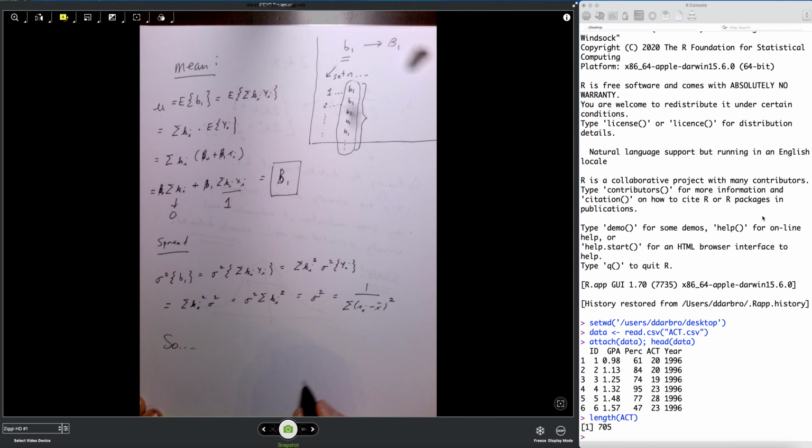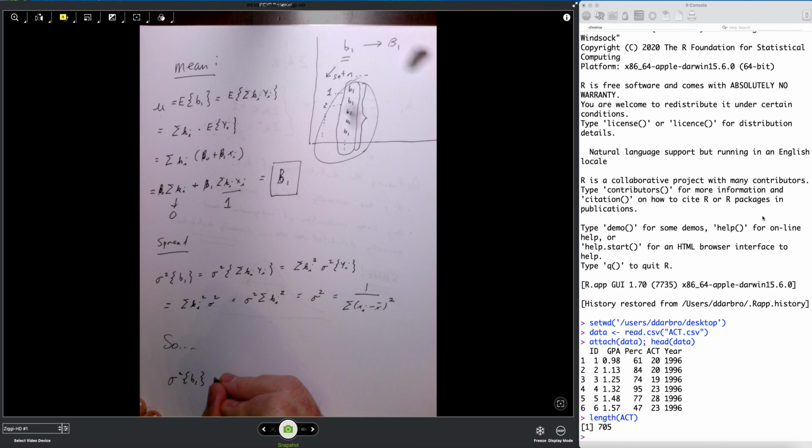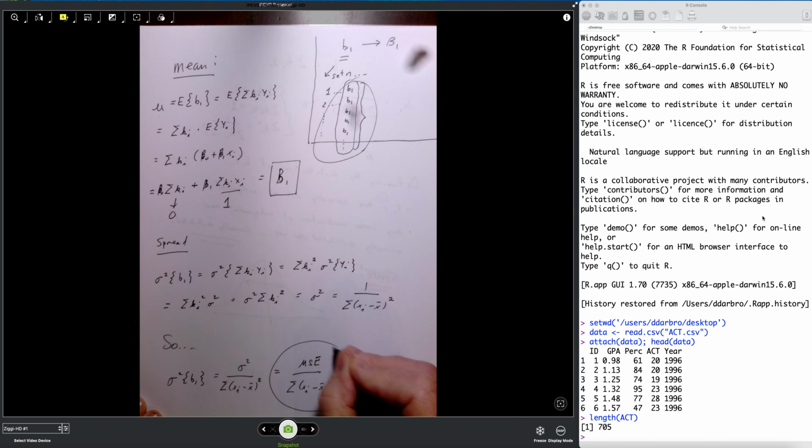So our estimated variance of all these things up here will be equal to sigma squared over the sum of the deviations squared, and we're going to estimate sigma squared by the mean square error. So, ladies and gentlemen, the variance of these will be equal to this.